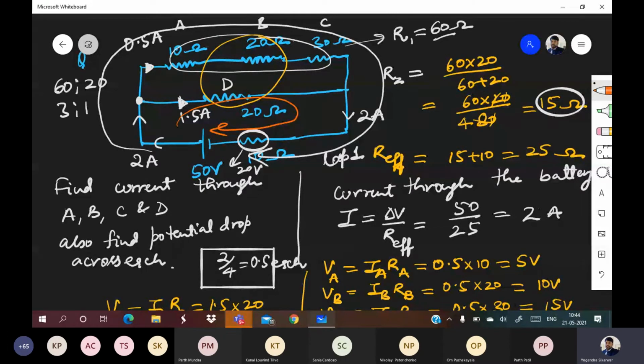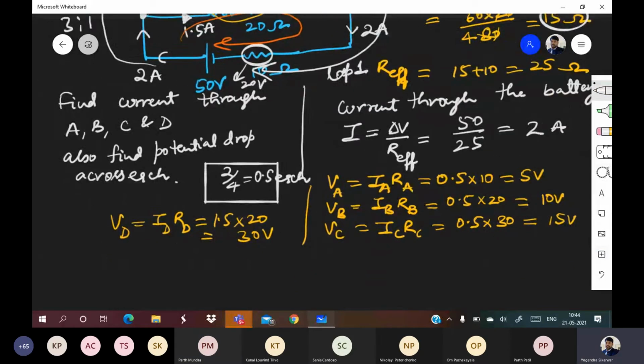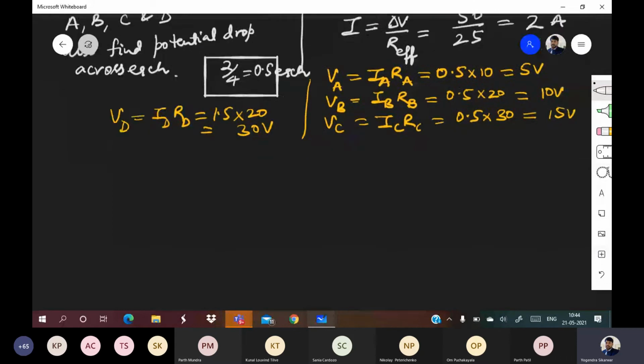Because across the battery it is plus 50, and across all resistances, because it is a drop, it will be minus 50. We are using the word potential drop, right? We'll be talking about it later.